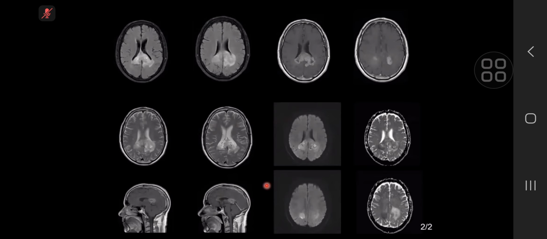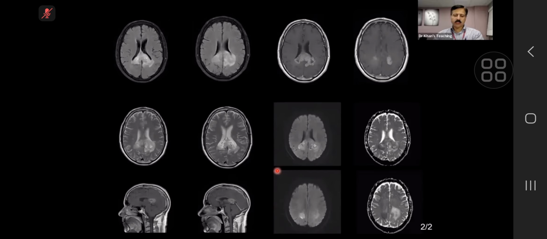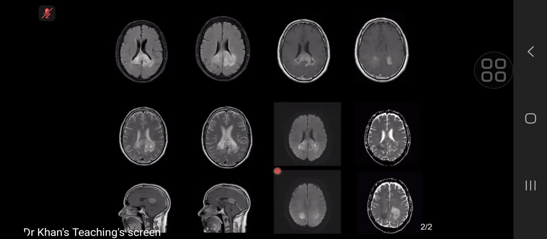On the basis of these findings, which show restricted diffusion on diffusion weighted imaging with ADC mapping, my first differential is GBM, glioblastoma multiforme, and second is lymphoma. Very good. Anything else in the differential other than a tumor? Neoplasia, metastasis.